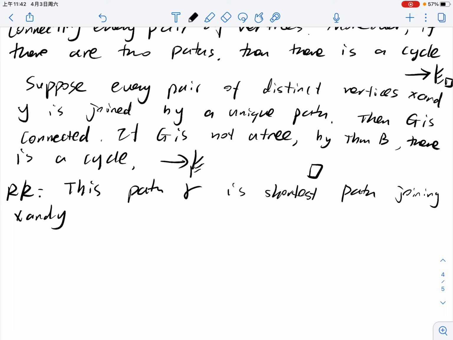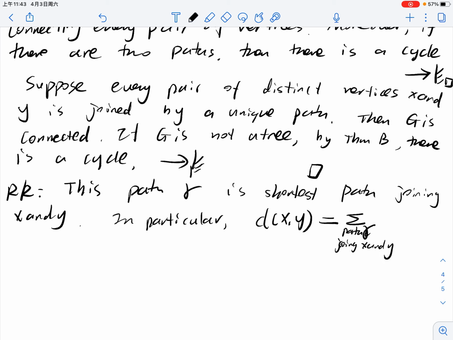And in particular, the distance between x and y is, let's recall the definition, the minimum over all paths gamma joining x and y of the length of gamma.